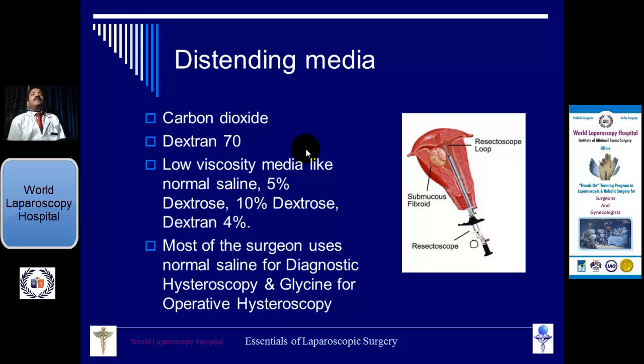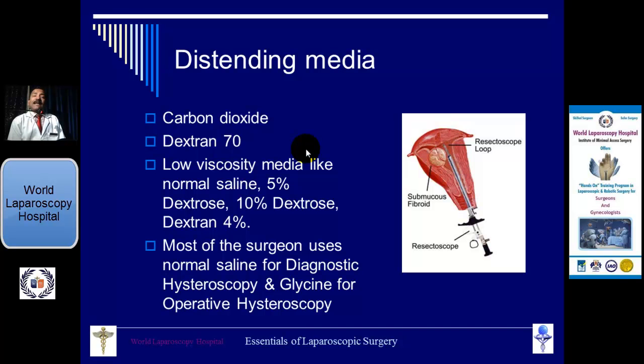Now what is extravasation? Extravasation means the fluid is going into any third space, or into the peritoneal cavity, or into the different layers. And intravasation means it is going into the vein.